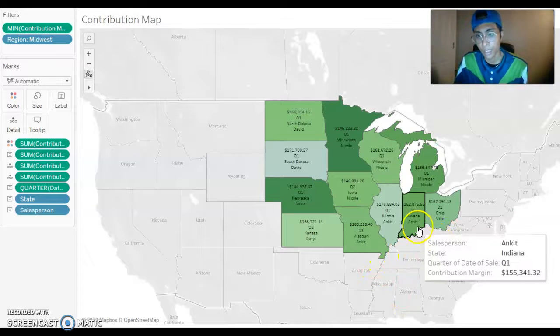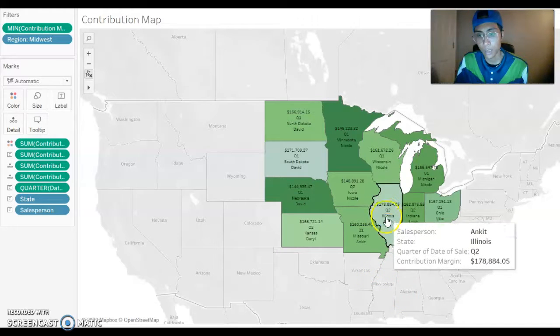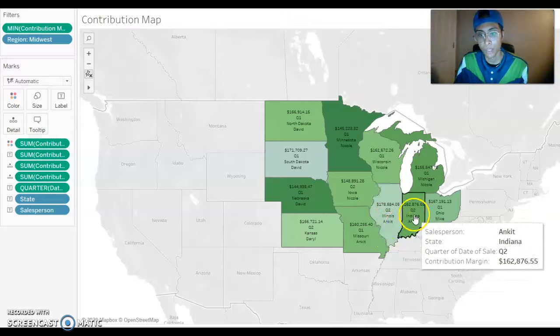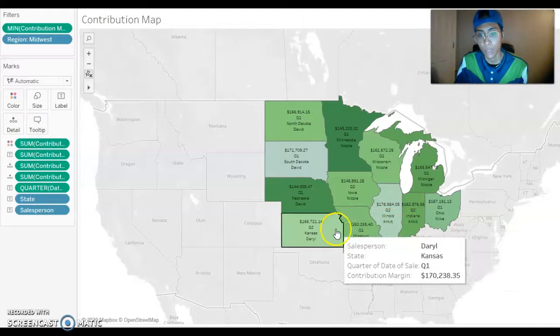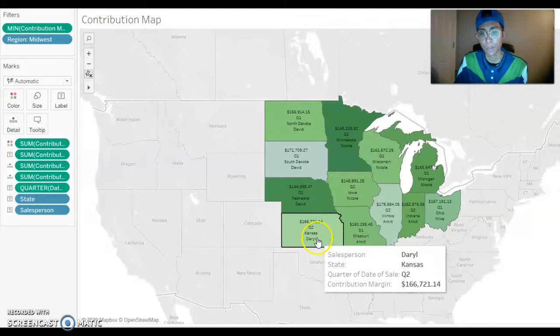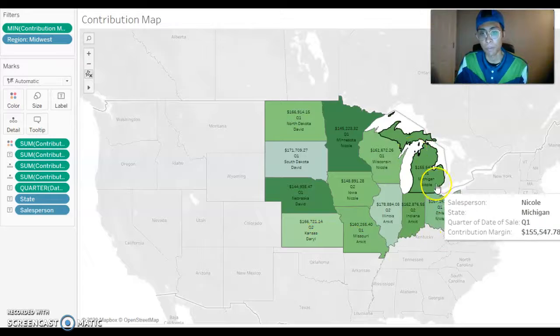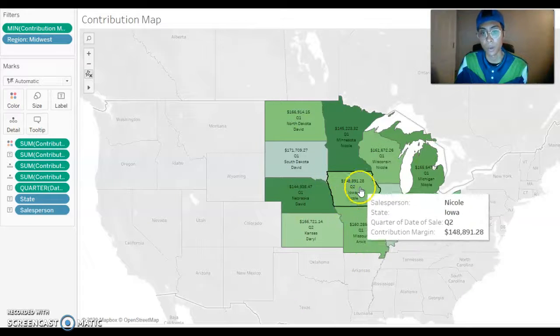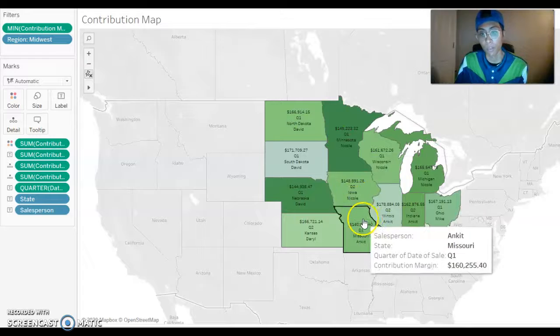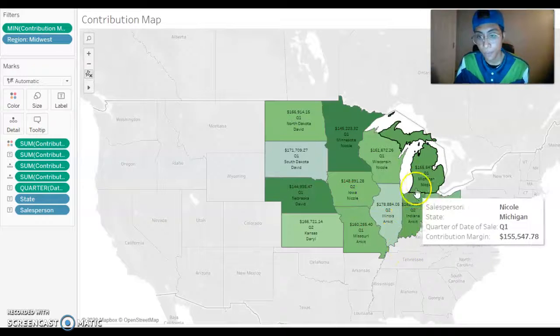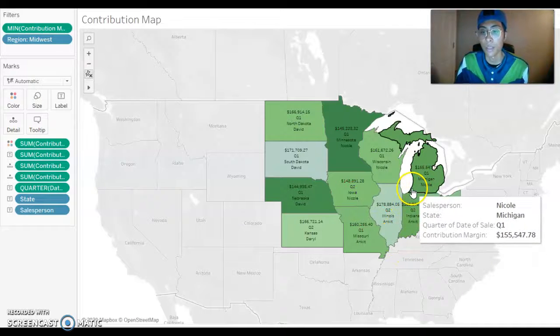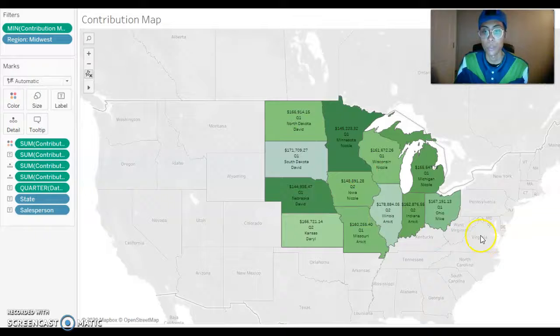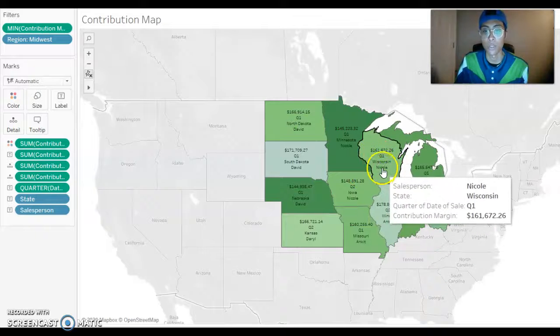And then you look at everyone else, 178,000, 162,000, 160,000, and Daryl and Mike are pretty much on par with everyone else, except for David's one slip up, and then Nicole and her 145, 148, 155,000 contribution margin. Nicole had one good one at 161,000.